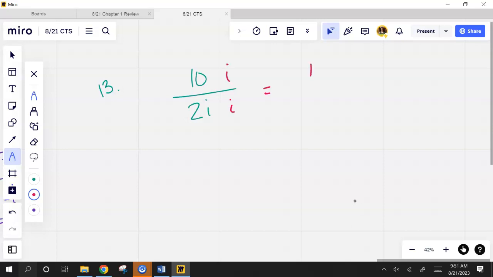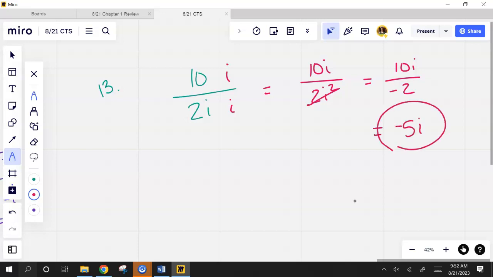Up top, I get 10I, yes? Over 2I squared. So this becomes -2, yes? What is 10I divided by -2? -5I. Yes, that's it.